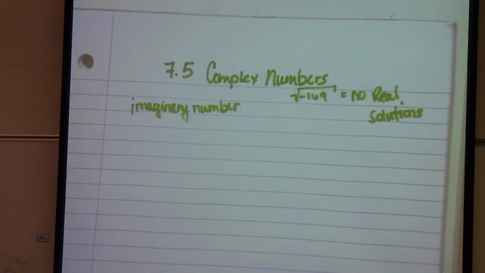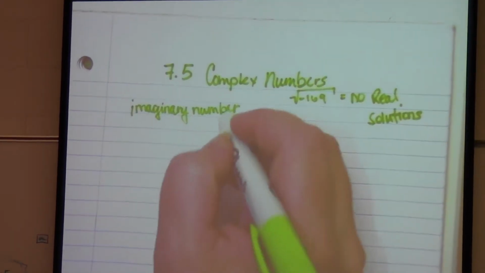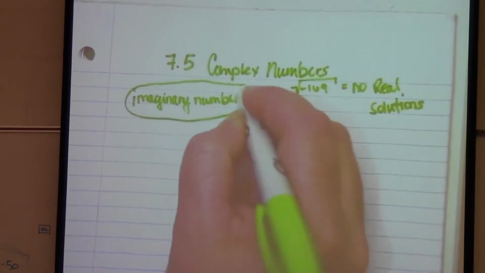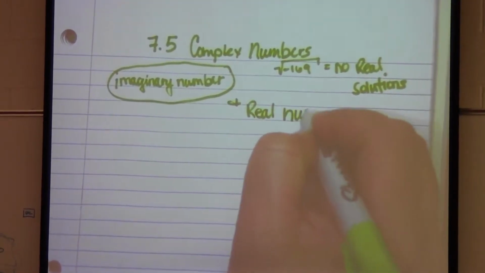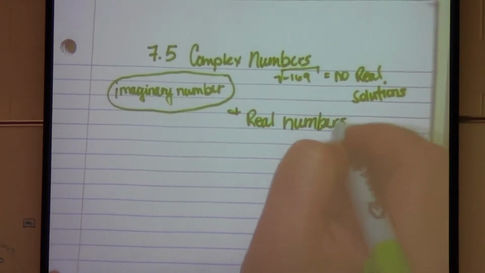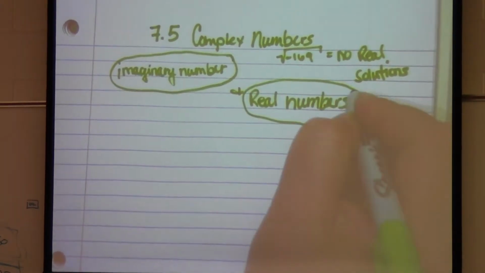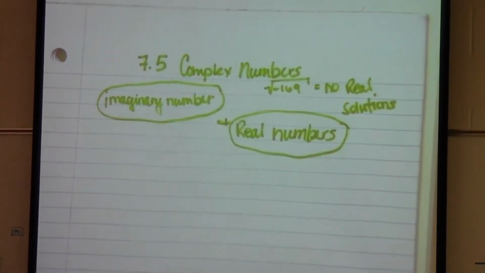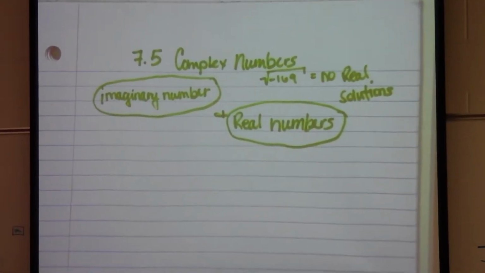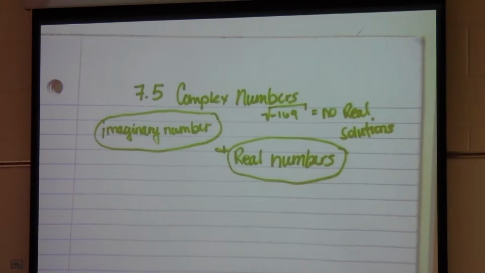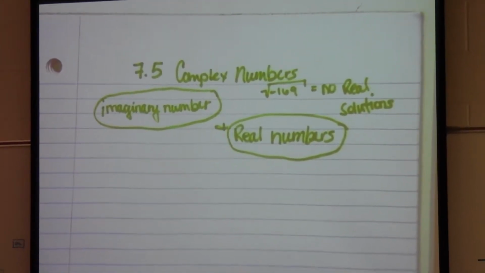Complex numbers are numbers that have imaginary numbers and real numbers put together in their answers. So we have imaginary numbers and we have real numbers, all put together. When they're talking about the imaginary number, they call it i.